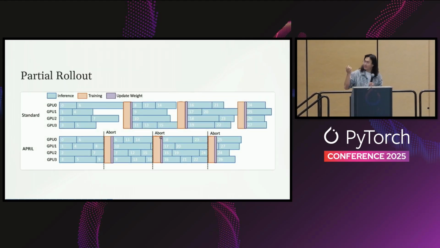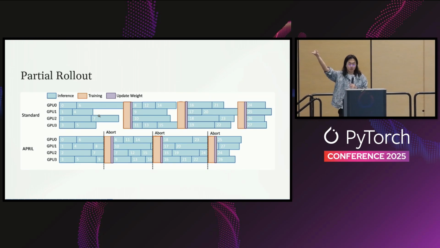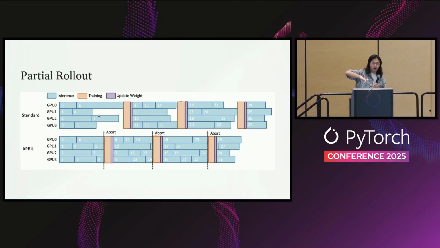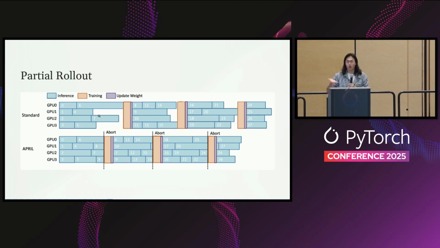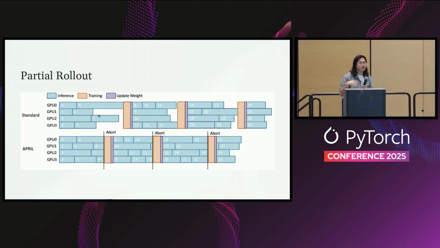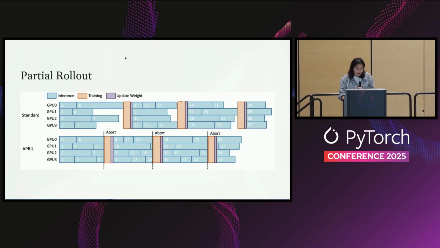This picture explains it in a clear way. In the upper bound, we see that all the engines are waiting for response 6 to finish. But if we're using partial rollouts, at some point, if the requests are adequate, we just stop all the generation and load the unfinished ones in the next part. Yeah, that's the first part, partial rollouts.